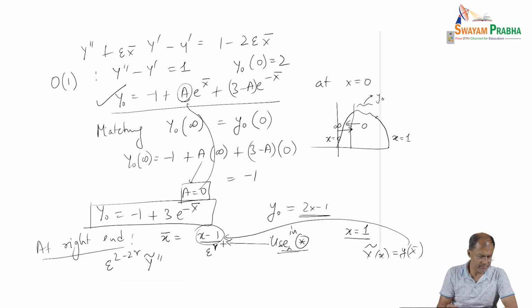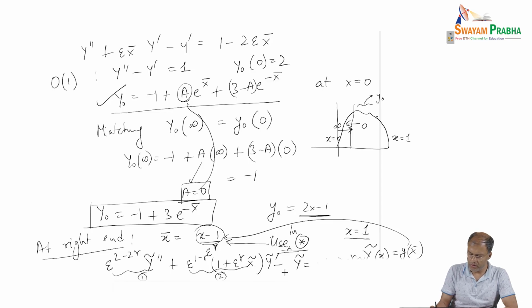Okay, so then this is epsilon to the power 1 minus gamma times 1 plus epsilon to the power gamma x tilde times y tilde prime minus y tilde, which is equal to minus 1 minus 2 epsilon to the power gamma x tilde. And so now we have term 1, term 2, and of course term 3, term 4 and term 5.